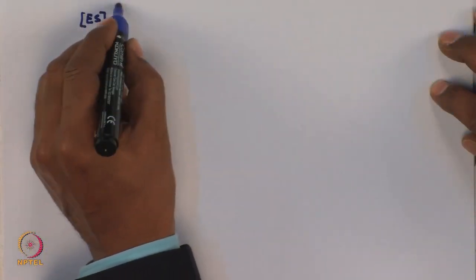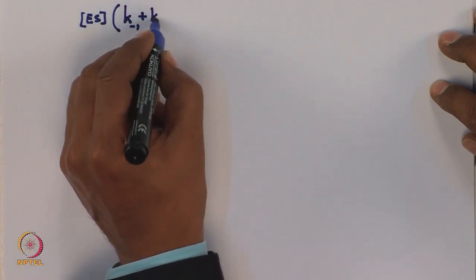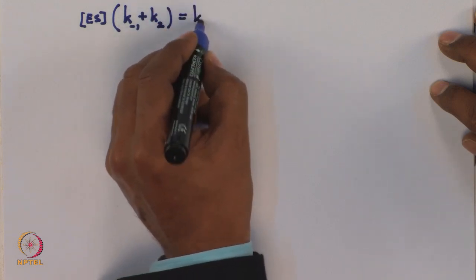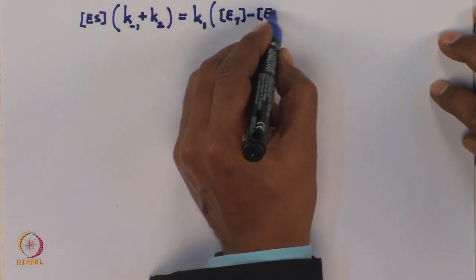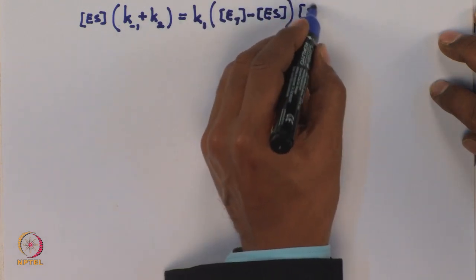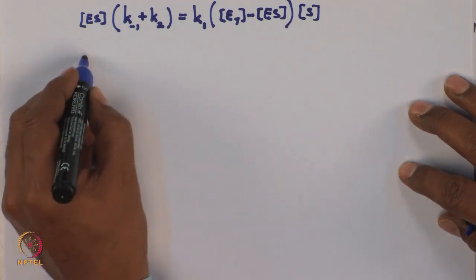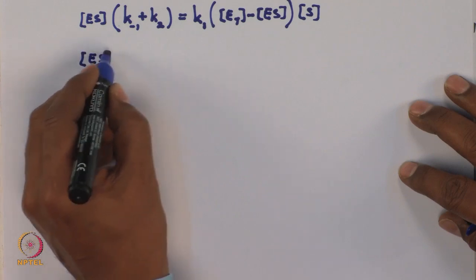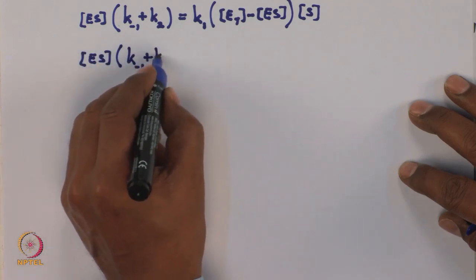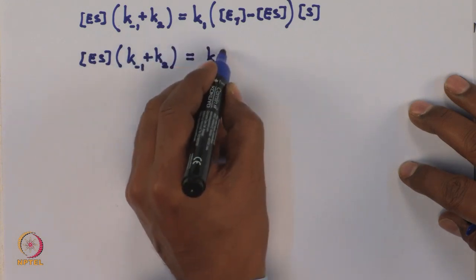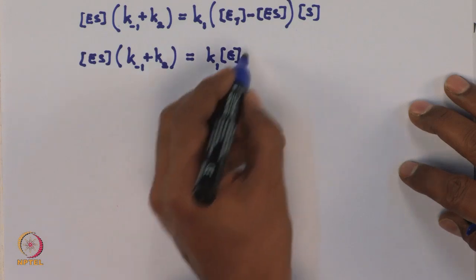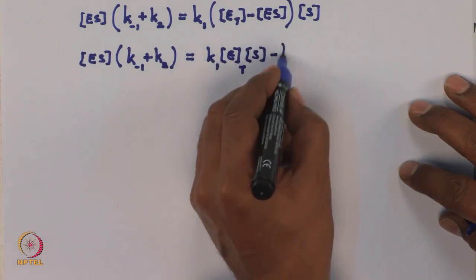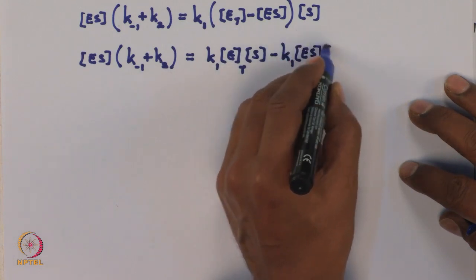What we just derived is ES bracket K minus 1 plus K2 is equal to K1 E total minus ES, and you have S. So, ES into K minus 1 plus K2 is equal to K1 E total into substrate concentration minus K1 into ES into substrate concentration.